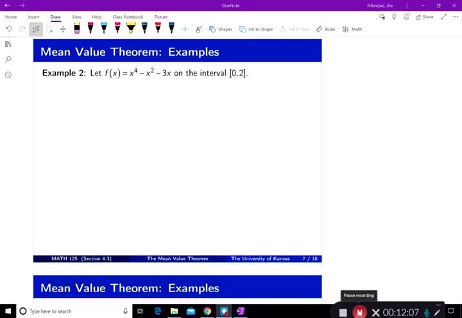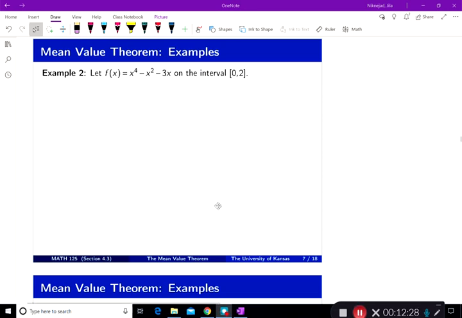So in example 1, we saw that the mean value theorem guaranteed that the slope of the tangent line is the same as the slope of the secant line of the two endpoints at some point, and now we could also solve for that point and find it.